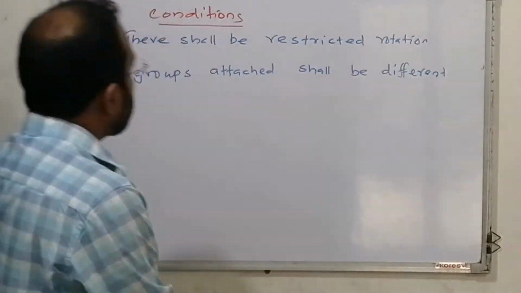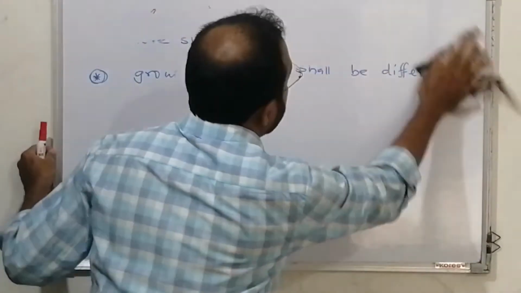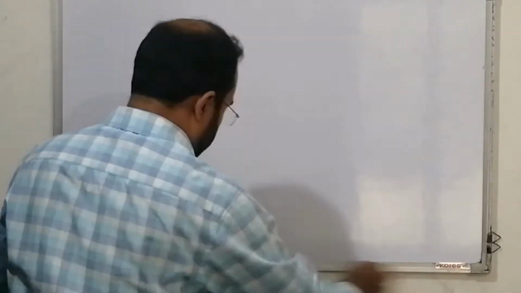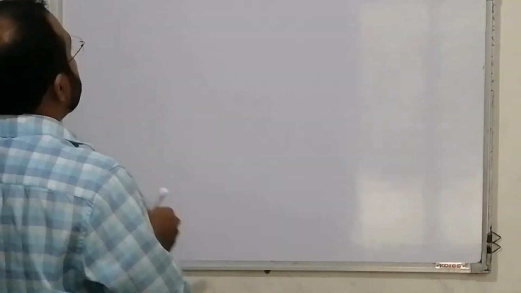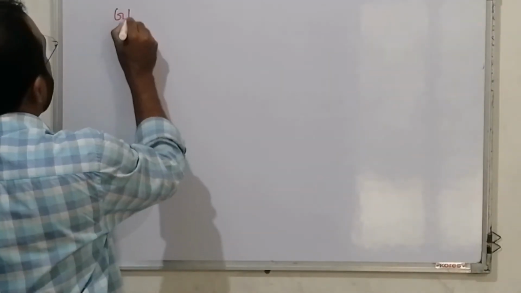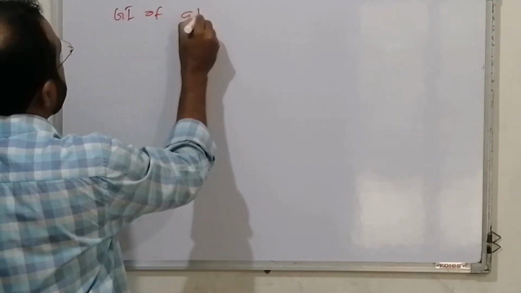First, geometrical isomerism of alkenes.